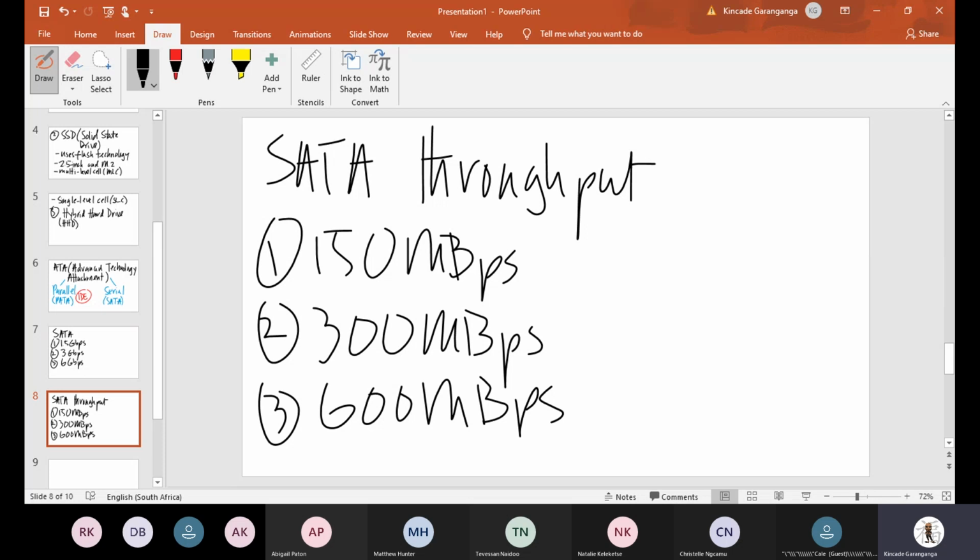So with SATA, you also have the different types.